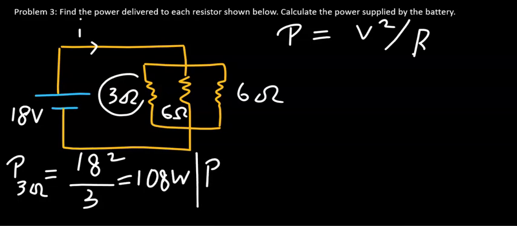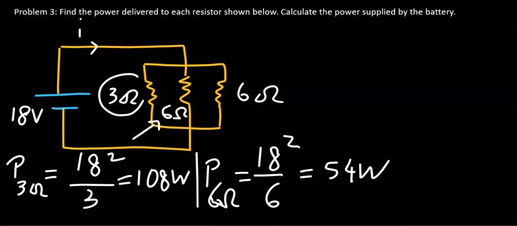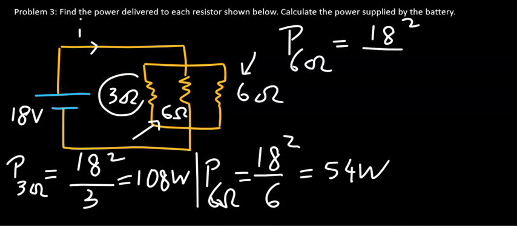Next, similarly, power delivered to the 6 ohm resistor, that is this one right there, is 18 squared over 6, which is 54 watts. Now, power delivered to the other 6 ohm resistor, using a similar equation, is again the potential difference across it, 18 volts, squared over the resistance, 6, and you will get 54 watts again.